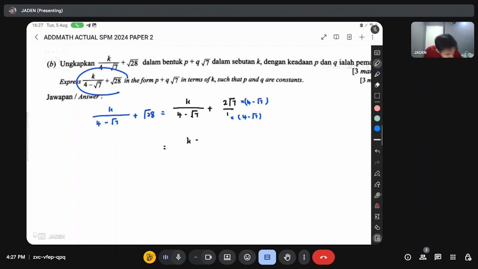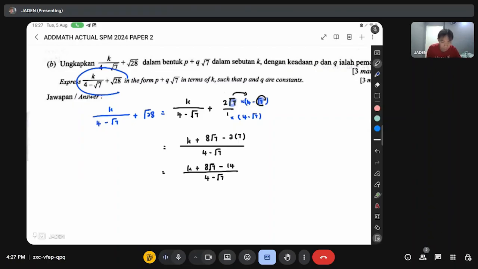So k plus, 2 root 7 times 4, you will end up with 8 root 7. And then the 2 root 7, if you multiply with root 7, you're going to end up with minus, this is 2 times 7, because root 7 times root 7, you get back 7 only. And then over 4 minus root 7. So k plus 8 root 7 minus 14 over 4 minus root 7.